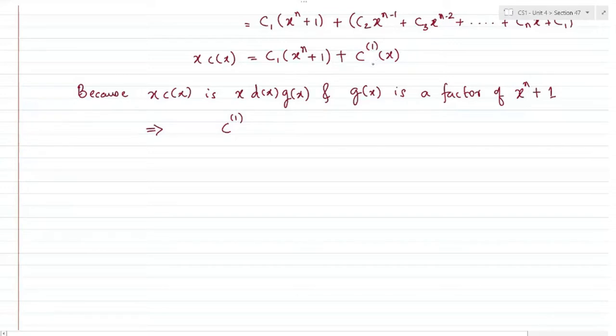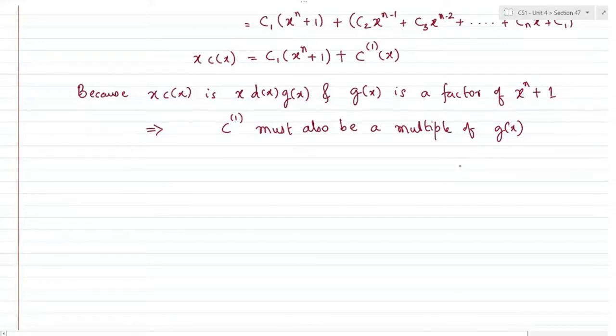This implies that the second term on the right hand side must also be a multiple of g of x. The first term is obviously so, where g of x is a factor of x power n plus 1, and the right hand side must similarly be a multiple of g of x. Hence the cyclically shifted code word, the one position left shifted version of the original code word, has resulted as a linear combination of g of x.